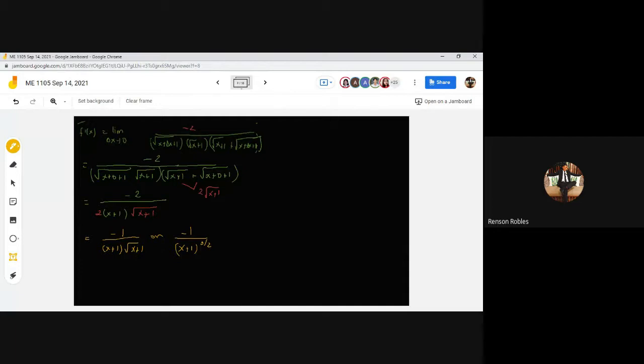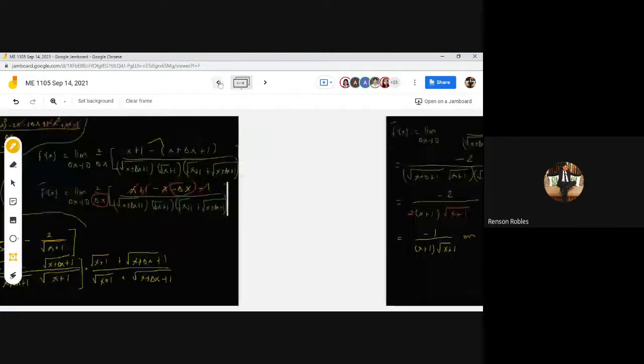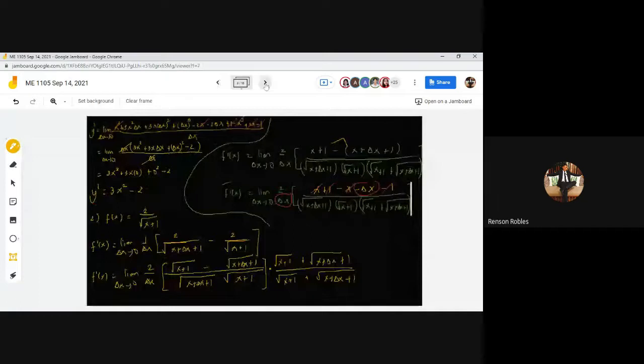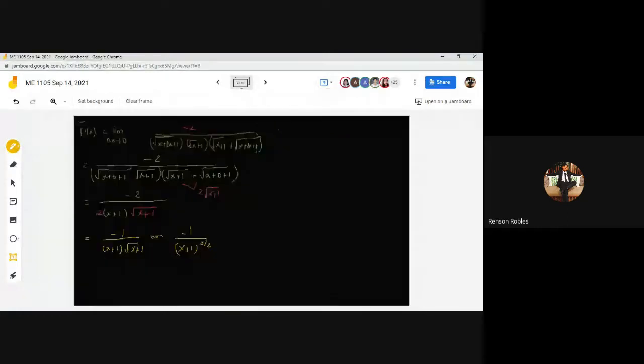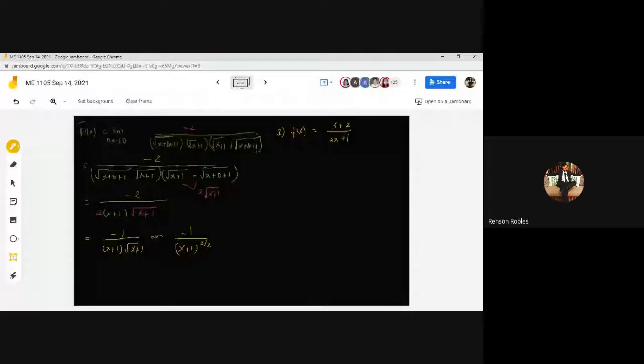One more. What number are we? Number 3. F of x. I'm not giving. Sige. Equals x plus 2 all over 3x plus 1. Hindi ko na kayo bibigyan ng mga simpleng ano ha.